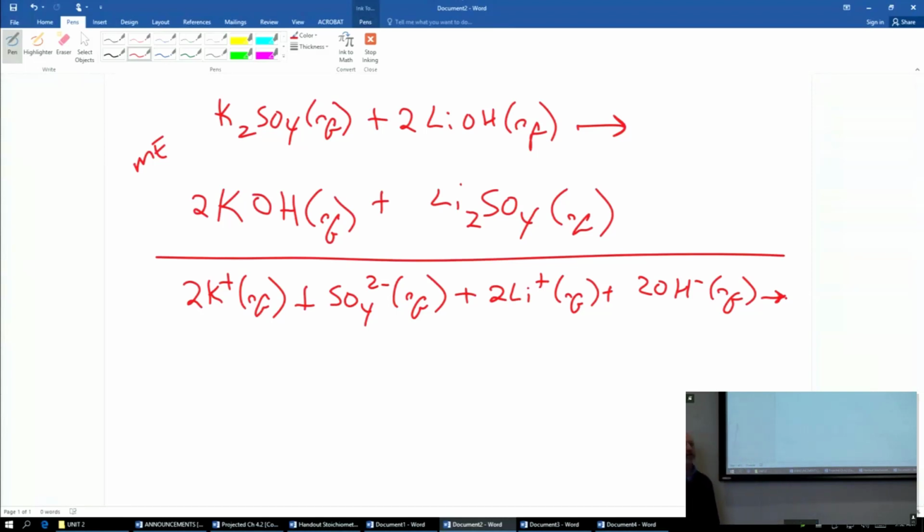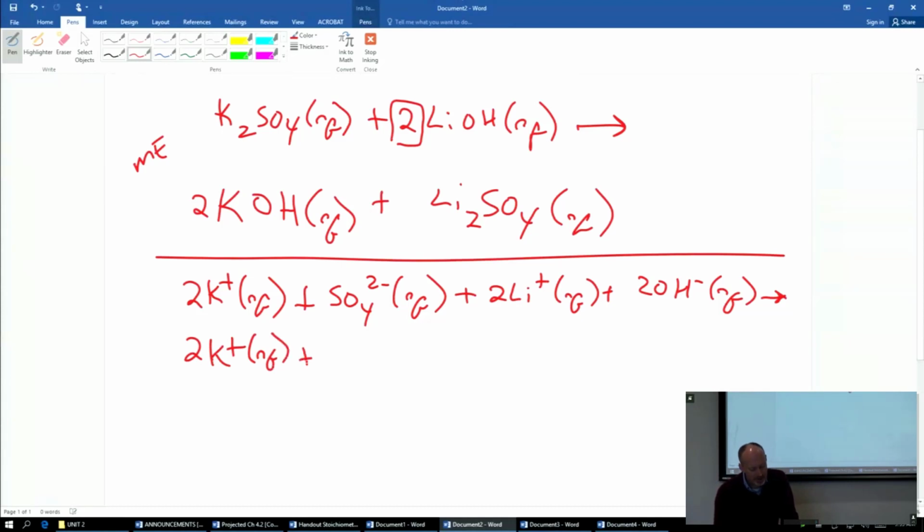Right, everybody good so far? Yes, ma'am? Why is it 2OH again? Oh, the 2 defines everything that follows. So I have 2 lithiums and 2 hydroxides in the problem. Good question. Now, on the product side, KOH, break that up because it's aqueous, gives me 2K plus aqueous. Again, the 2 defines everything in the compound, so that gives me 2 hydroxides, aqueous.